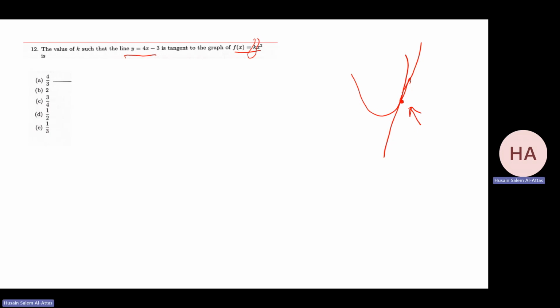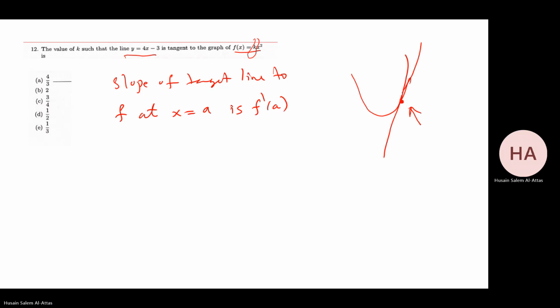What is the relation between them? The slope of the tangent line to f at x equals a is f prime at a. That's the relation. Can I find the slope of this line, the slope of the tangent? Yes, it's only 4. It's ready. It is equal to 4. But also, I can find it using the derivative.